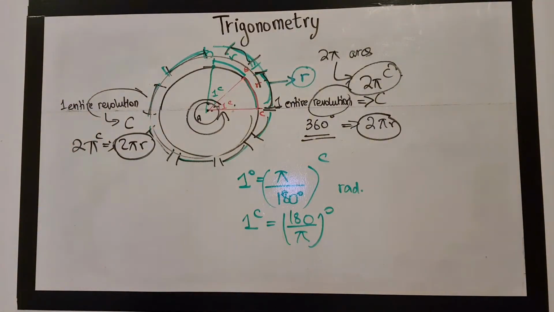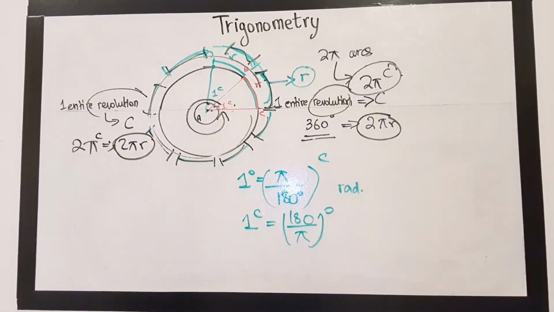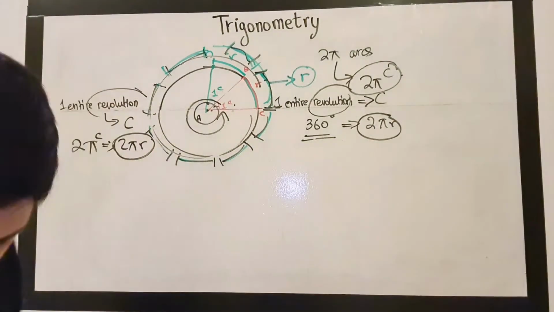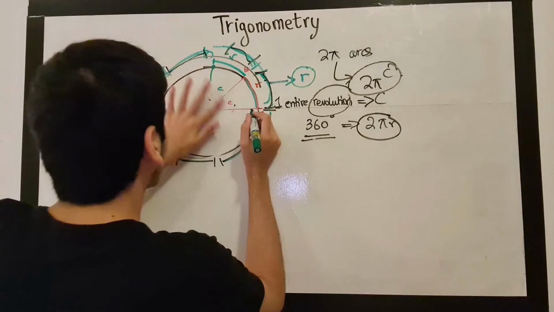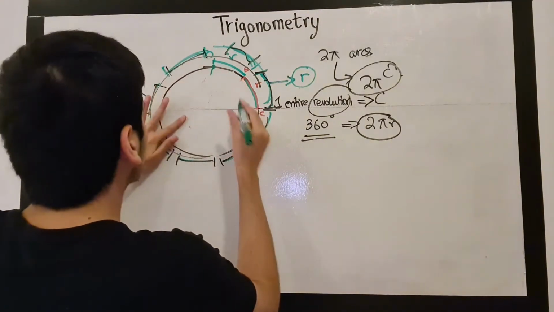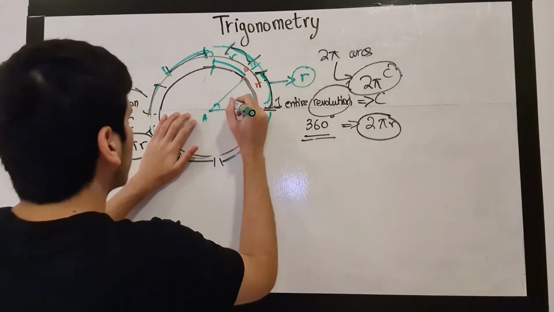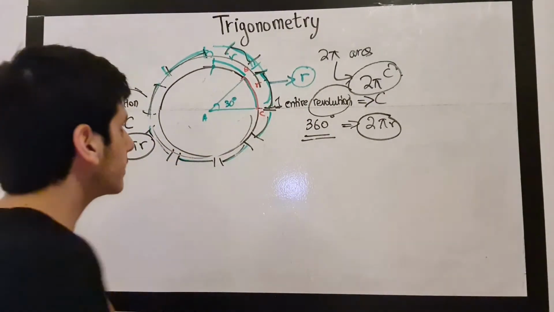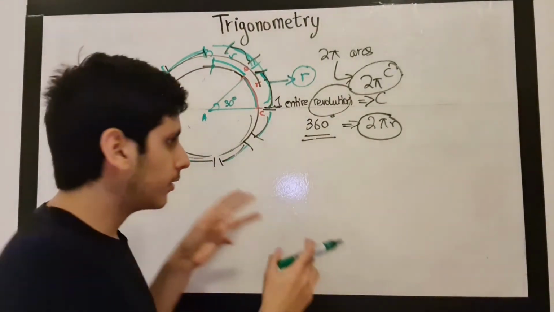Now let me solve a very simple question over here. Let's say I have 30 degrees. In this circle, from the center point A, I make an arc, an angle of 30 degrees. What would 30 degrees be in radians? It's good to note and remember that relation.